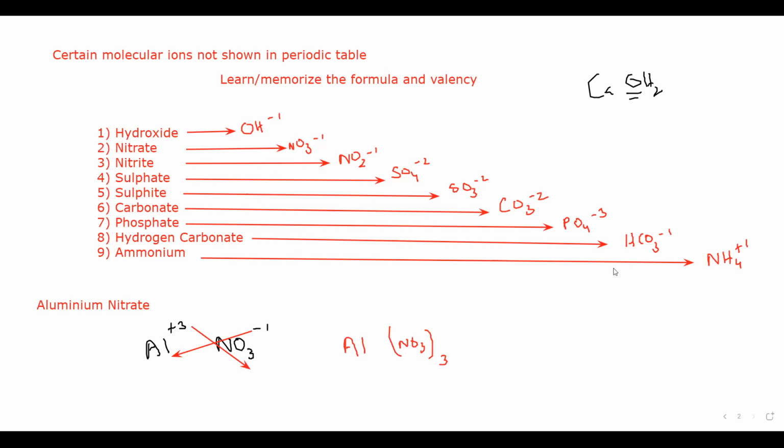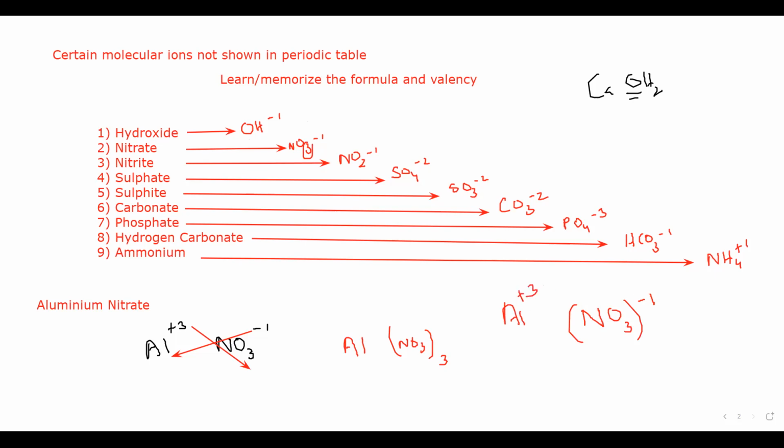Yes, Abdullah. Sir, the 3 after the O is the charge of oxygen. Which 3? This one? Yes. No, no, this is not the charge of oxygen. This shows the number of oxygen atoms present in nitrate. So nitrate actually contains 1 nitrogen and 3 oxygen, and the charge is -1 on the whole ion. And aluminum charge is +3.